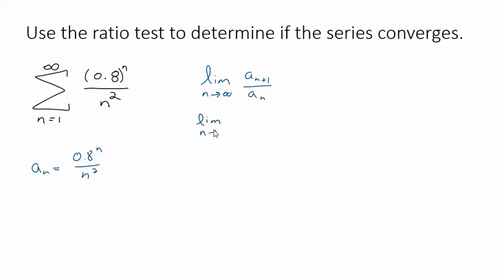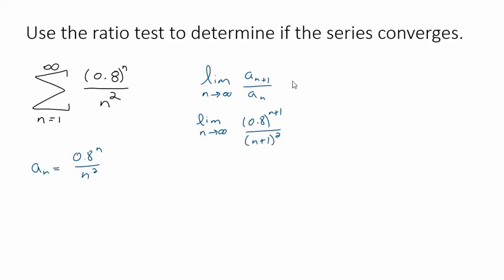So the a sub n plus 1 term is going to be found by just substituting n plus 1 in for n. So it's going to be 0.8 to the n plus 1 over n plus 1 squared. And then we want to divide that by a sub n.